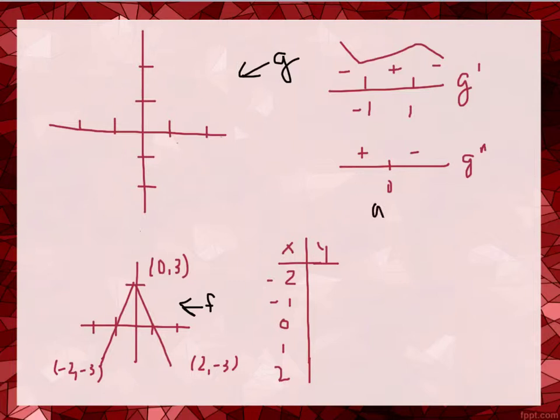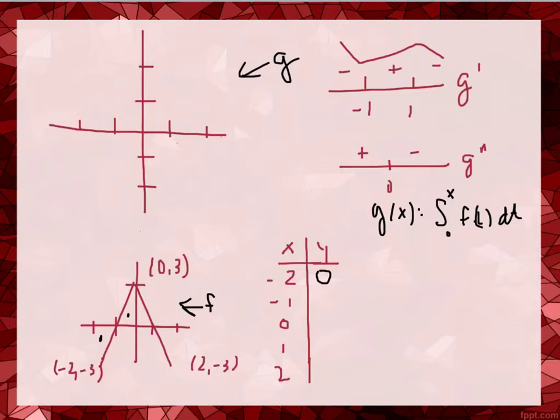Remember that g of x, we said, was the integral from 0 to x of f of t. So keeping that in mind, to get g of negative 2, we would integrate from 0 to negative 2, but that's going to be this area, which is going to be 0, because you have as much below the axis as you do above the axis.